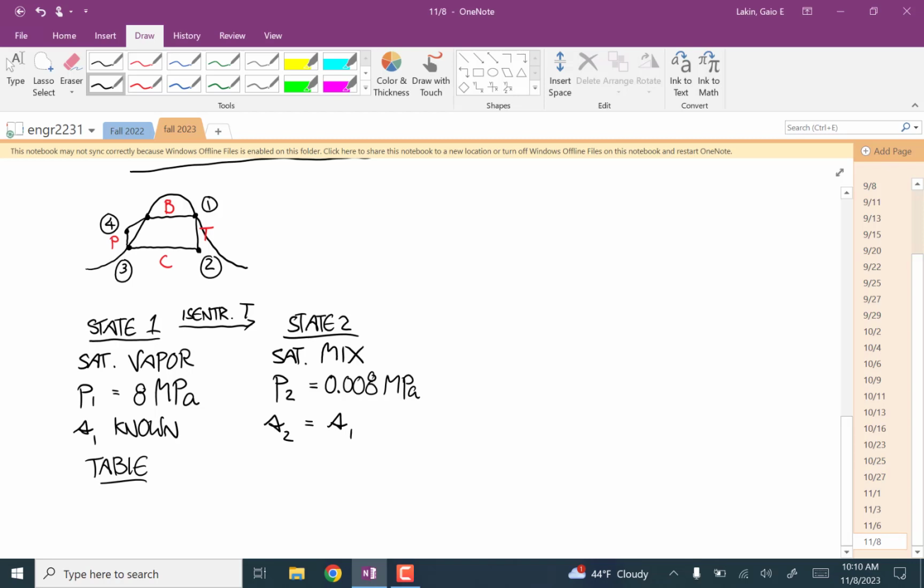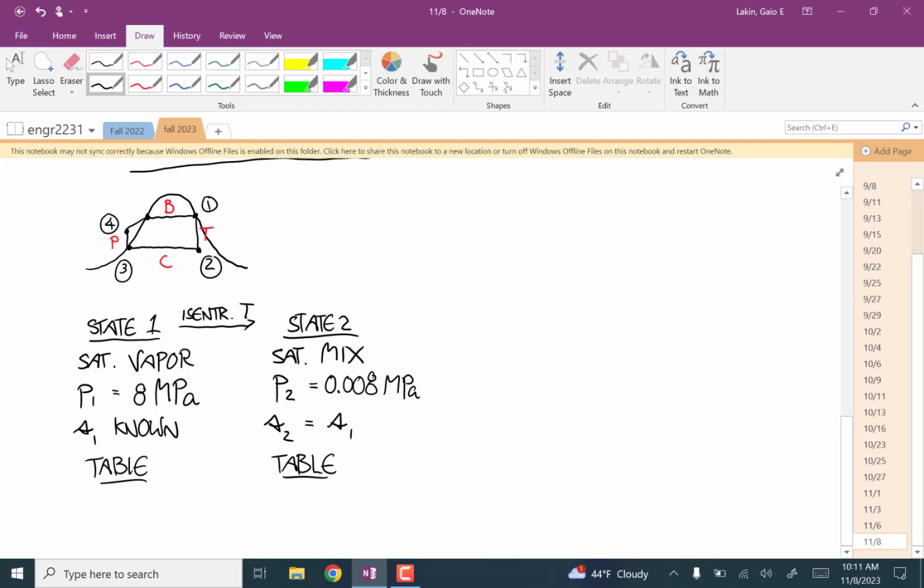Well, since it's saturated and we know the pressure, we can look up anything we want in the table. So from this, can you see how we could get the quality? We're probably going to need the quality to do calculations. If we know the saturation and we know the pressure, we can look up the specific entropy for a liquid and a vapor, and then use what we know to be the actual entropy to calculate that quality.